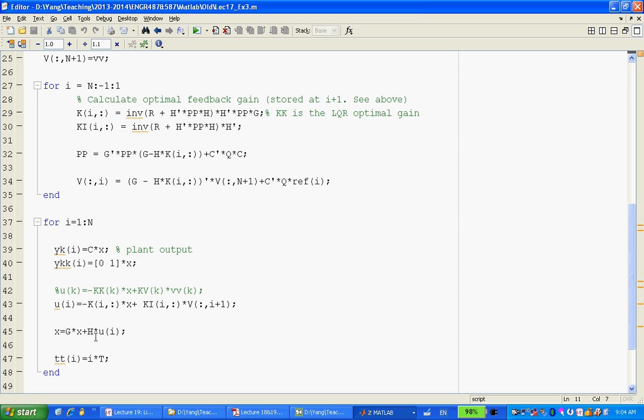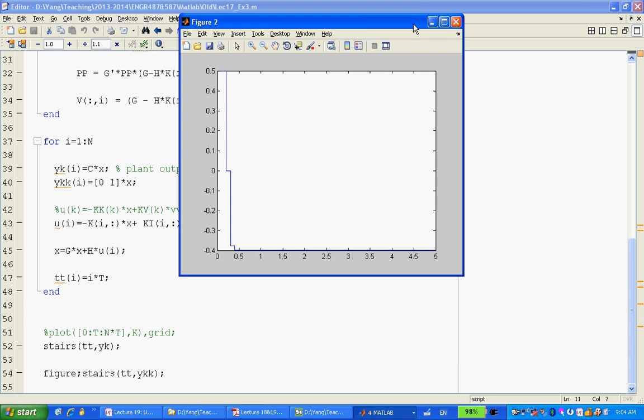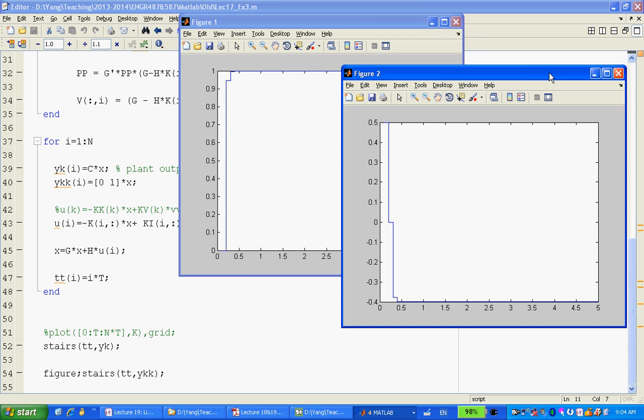So if I plot this thing, if I run it, that's what happens there. What's the second plot? YKK. What's YKK? Oh, yeah. The YKK is the second state, which is the velocity, supposedly. So it gets back to 0, right?